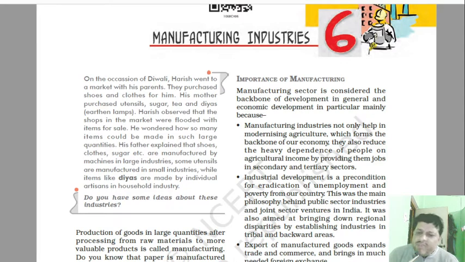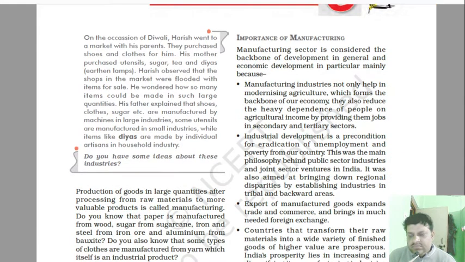So, do you have some idea about this industry? Actually, industry is not a new word for us, and I have just told you that various kinds of commodities we use in our daily life, starting from mobile to pen and watches and televisions and motorcycles and vehicles.